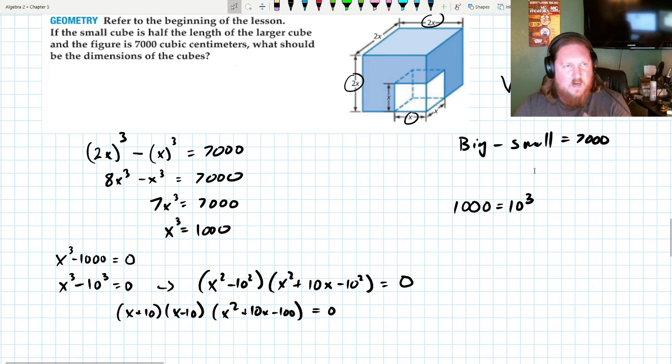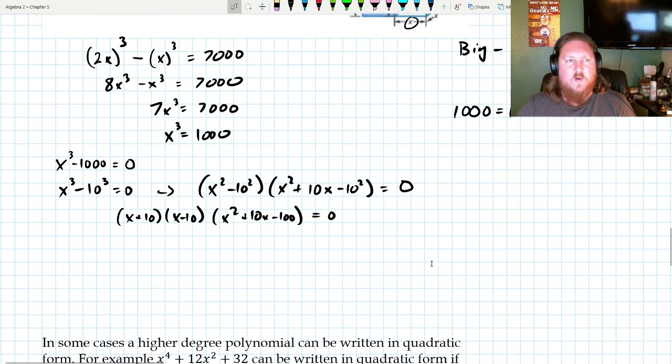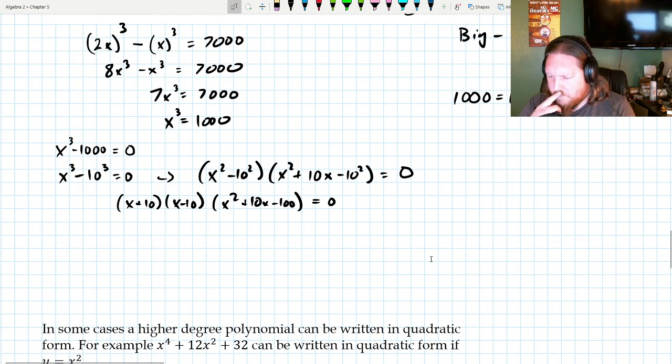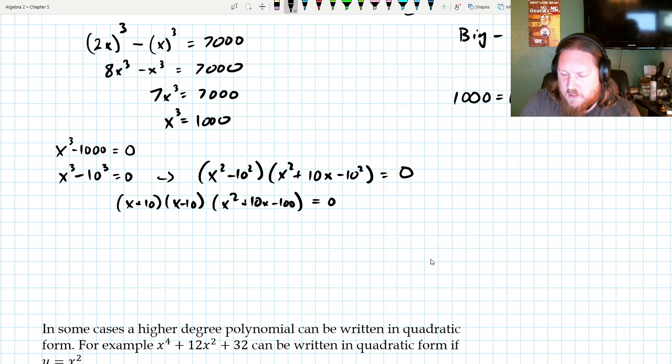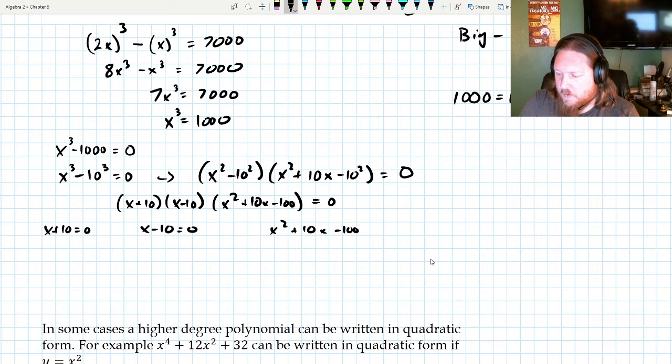So there I was just practicing what I did before on those last two steps of looking for all the different patterns I could. Now I have three numbers and all of their product is 0. So that tells me x plus 10 equals 0, x minus 10 equals 0, and x squared plus 10x minus 100 equals 0.